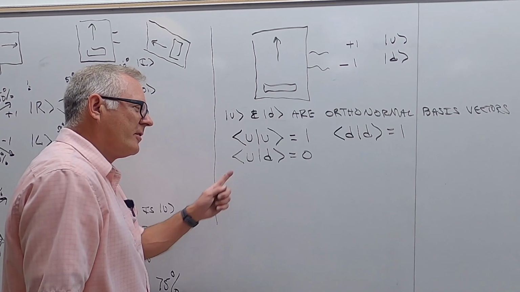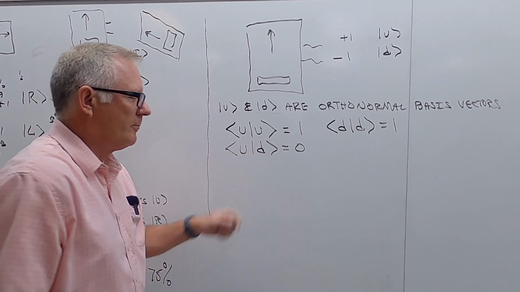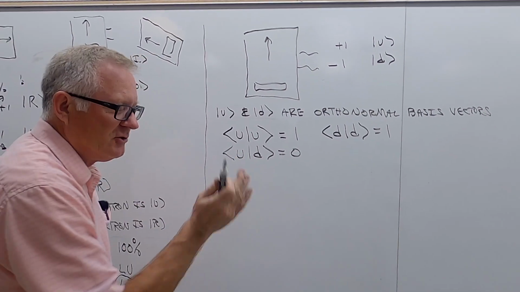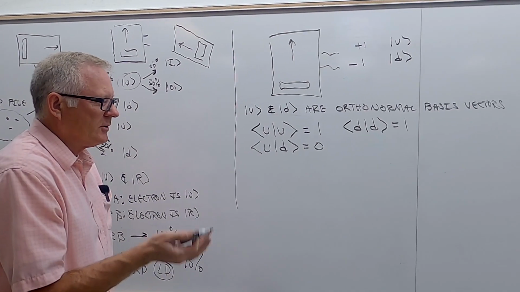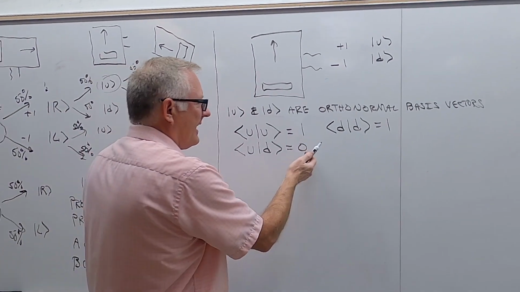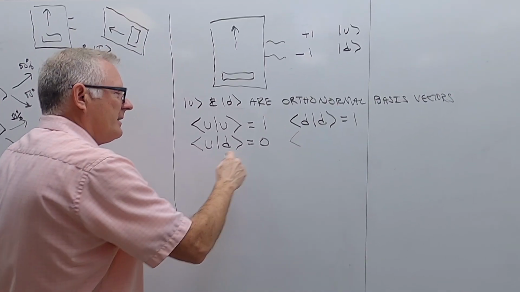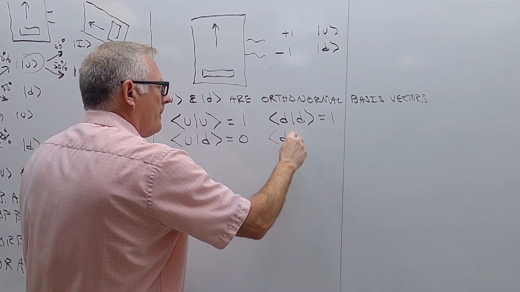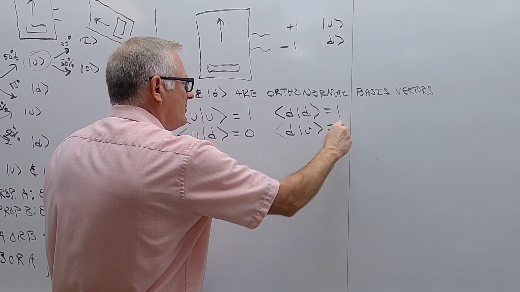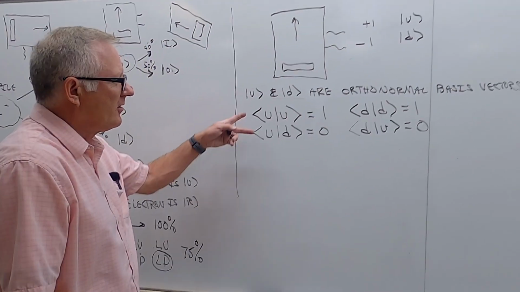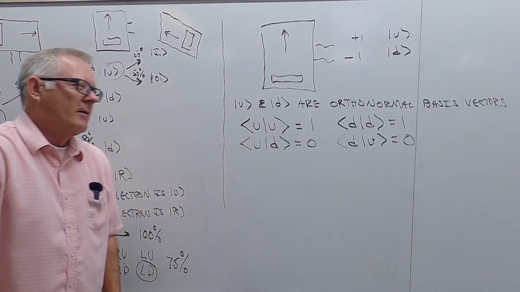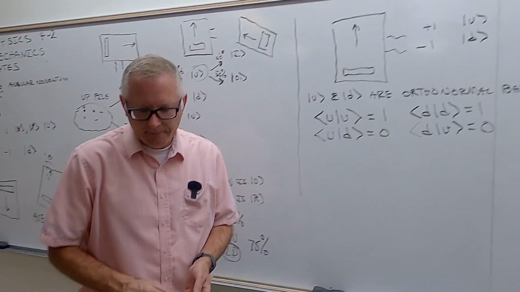They're orthogonal to each other, so perpendicular. Just like we did with i and j for our vectors, weren't they? When you dot i with j, you got 0. When you dot i with i, you got 1. So this one is down, up, and that's also equal to 0. So that's when we say they're orthonormal basis vectors.